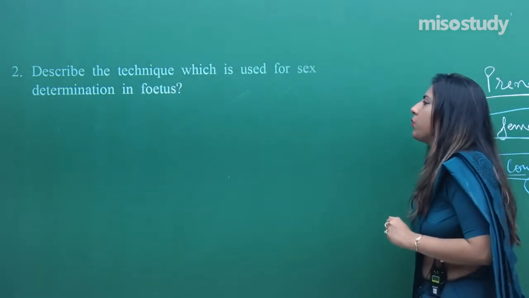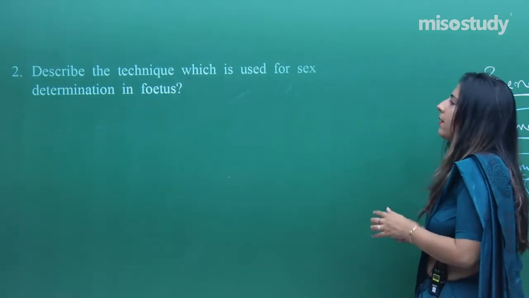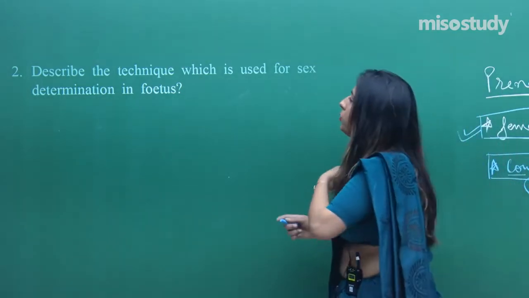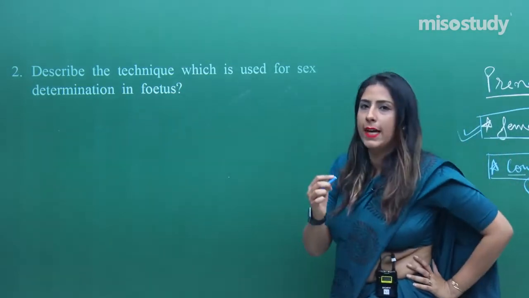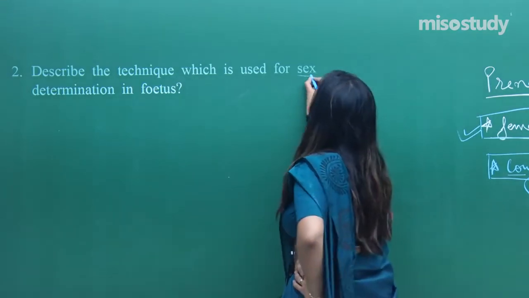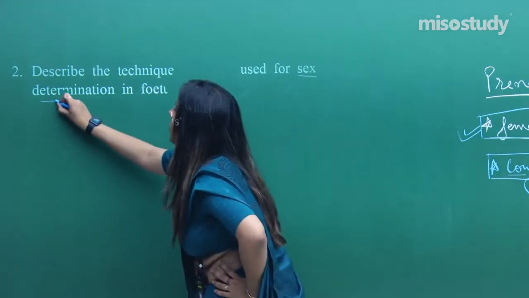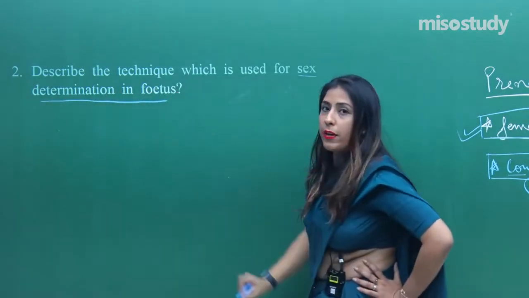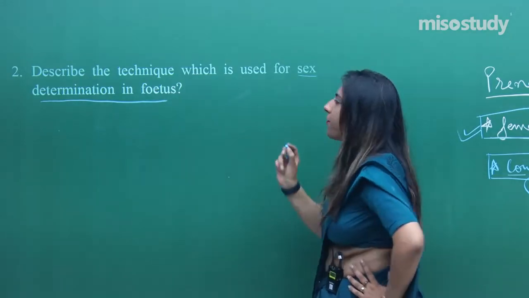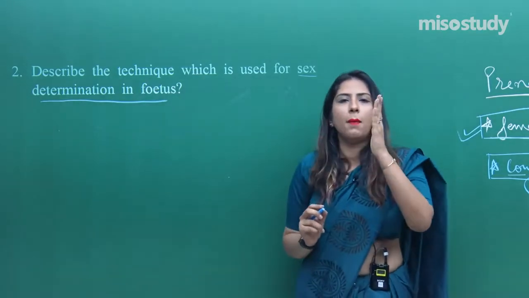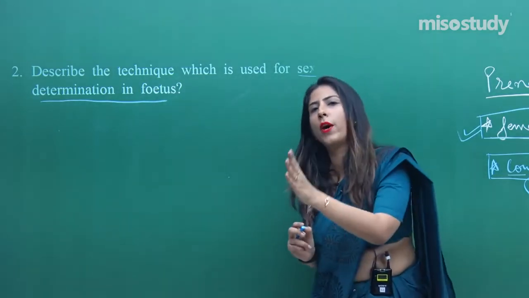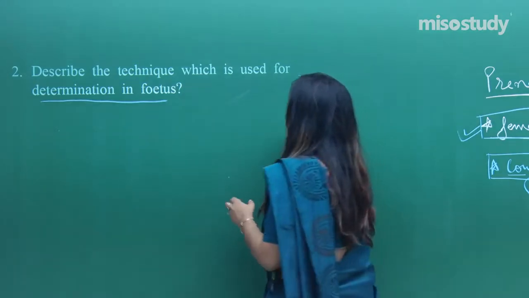Describe the techniques which are used for sex determination in the fetus. Now, students, we have to understand what the question means. It is sex determination of the fetus. If we talk about the sex of a fetus, it will be either a boy or a girl.